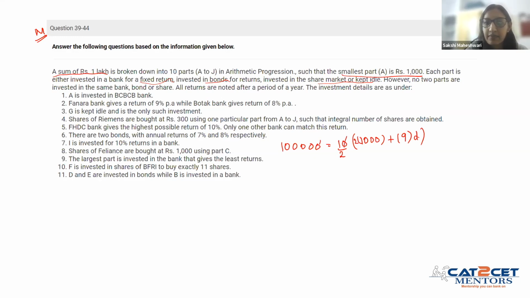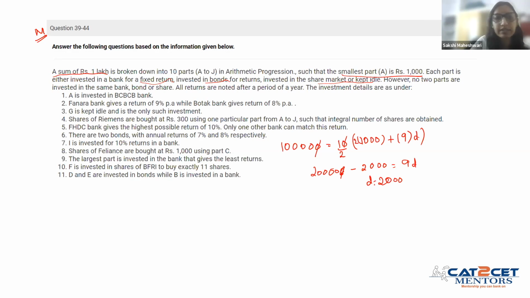So we'll have 20,000 minus 2000 is equal to 9d. So d is equal to 2000.